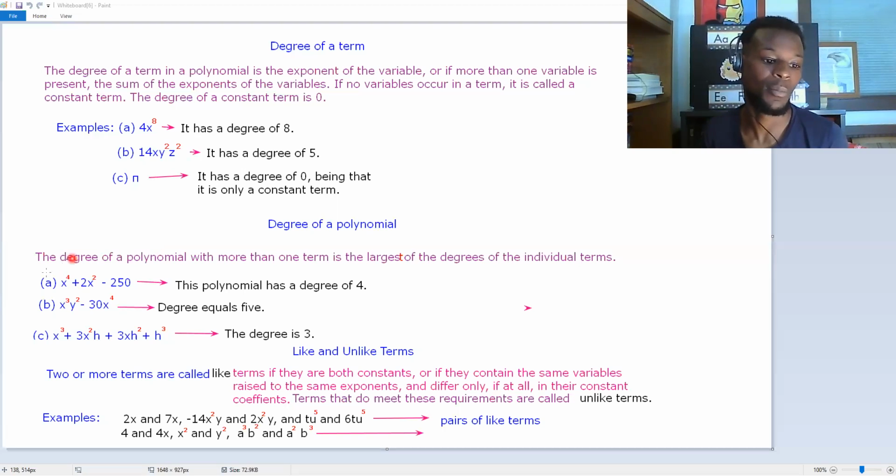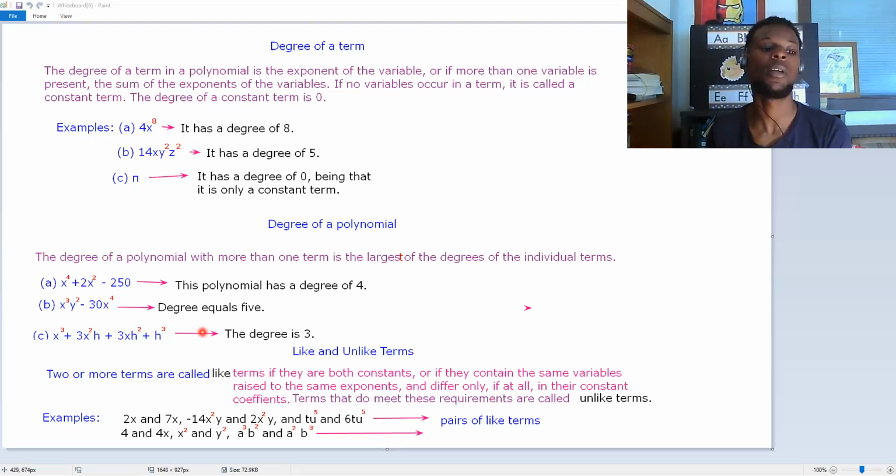Moving down to example B, we have x cubed y squared minus 30x to the 4th. Looking at the largest degree from both terms here, we see that 30x to the 4th is that term with the largest exponent. So, no, I'm sorry, no, it's not. It's actually the first term.